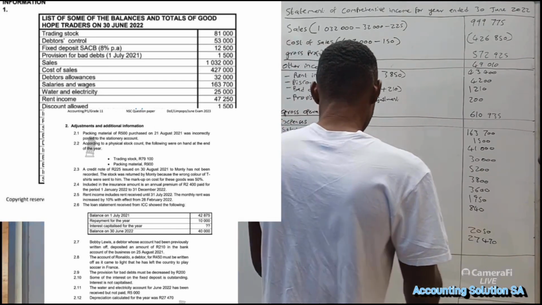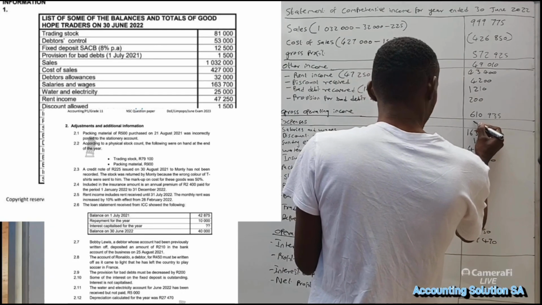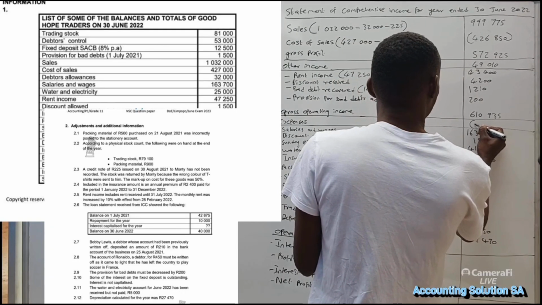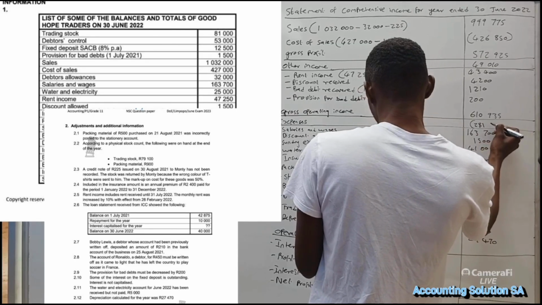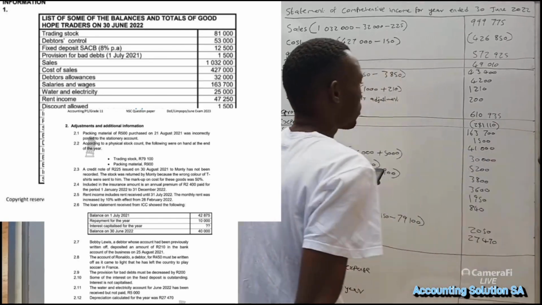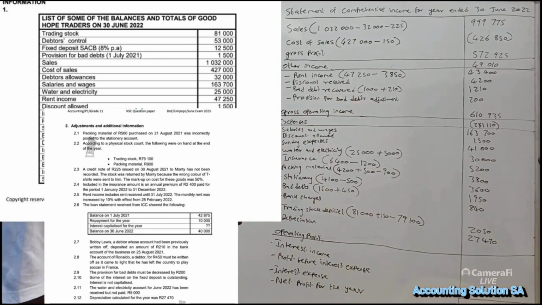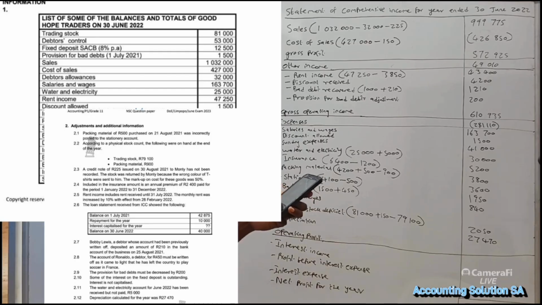Then after that we're going to get a total of 281,110. Total, you have to make sure that it is in brackets to show that it's an expense.